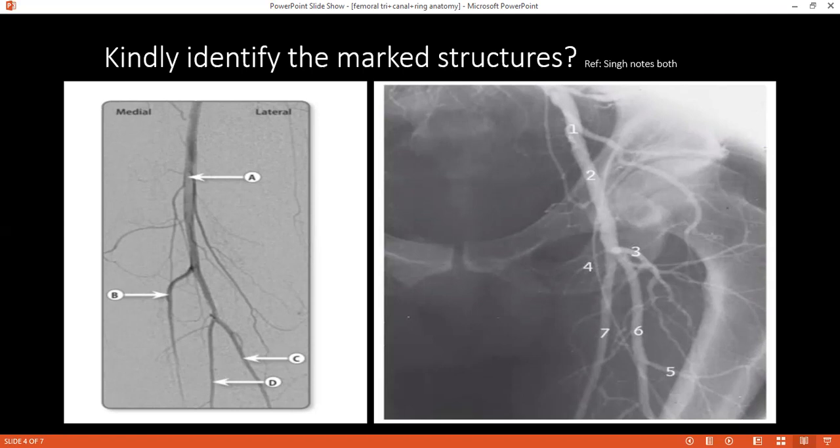Moving on to the right-hand side image. Number B is the anterior. What is number 2? Number 2 is the common femoral.